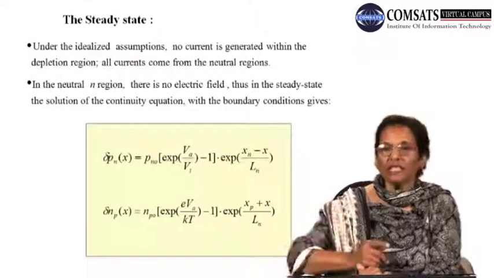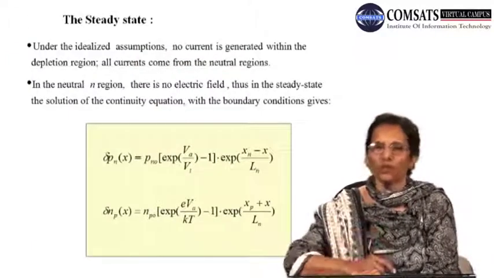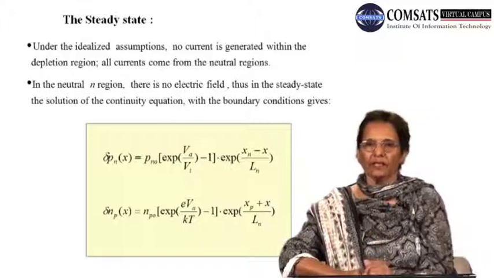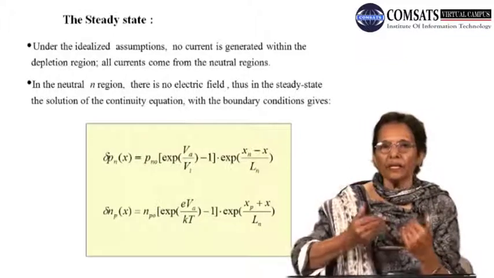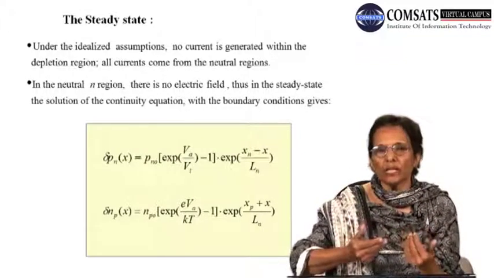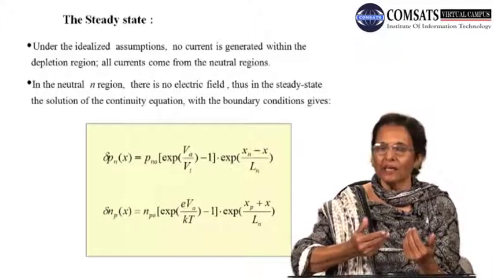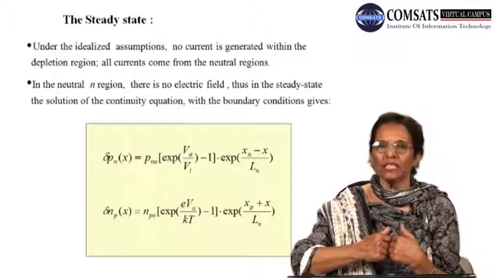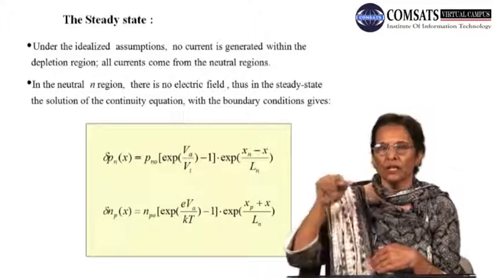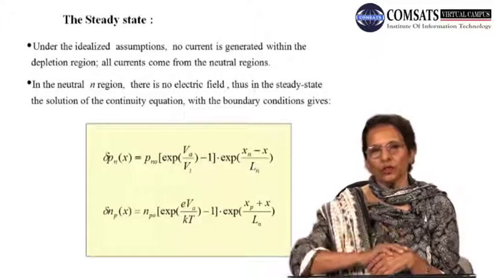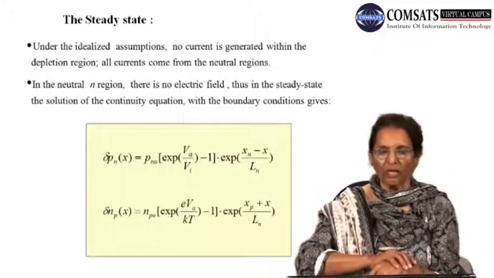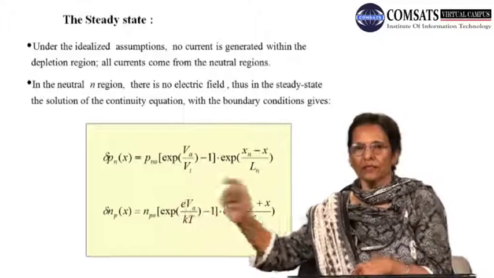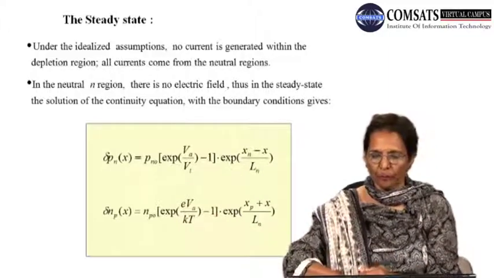So the maximum value is NP and the equilibrium value is NPO. The amount of increase in this injected carrier concentration, that is, how many minority electrons have been added, or the amount by which the minority electrons have increased with respect to their equilibrium value, is what I have written on the left side of this equation.